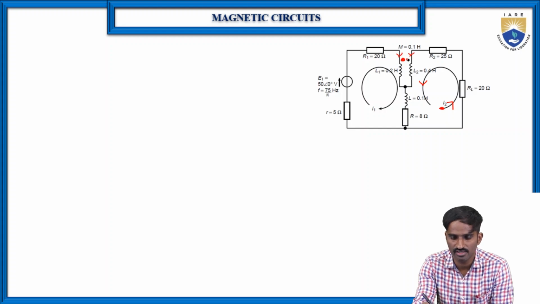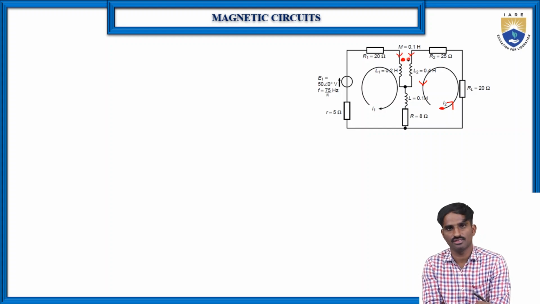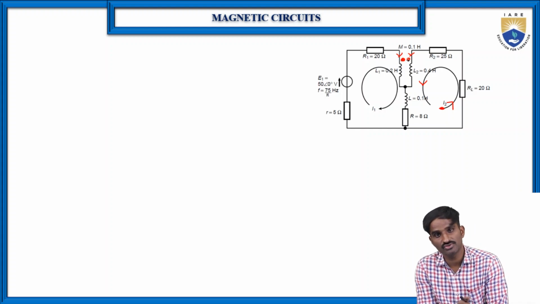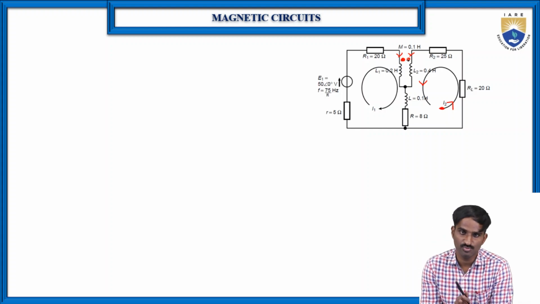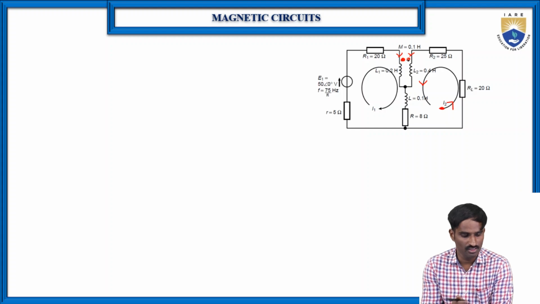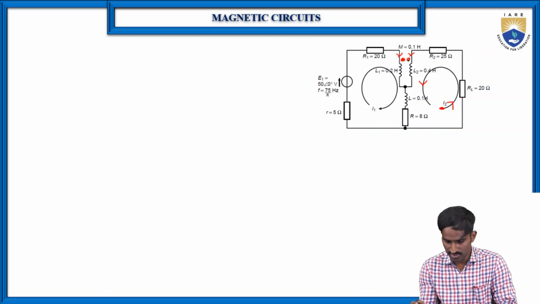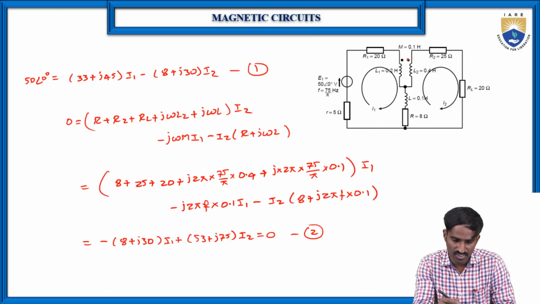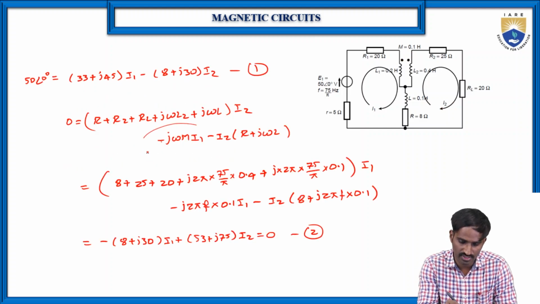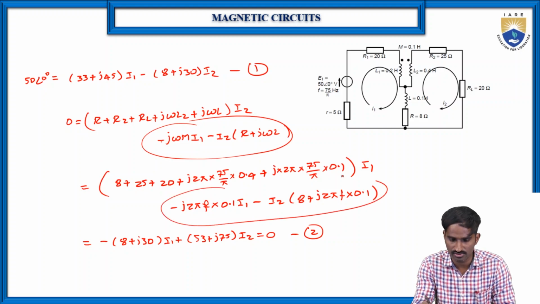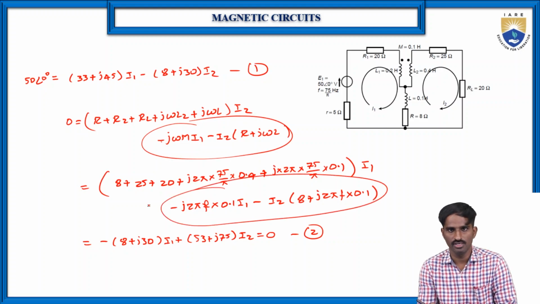In the secondary winding also, the current is entering through the dotted terminal. So here both the self-inductance and the mutual inductance have the same sign, which is positive. Of course, the values will not change, only here and here you will get the positive sign in the first equation, and in the second equation here also you will get the positive sign. That is the only difference.